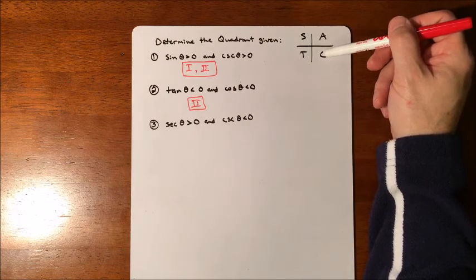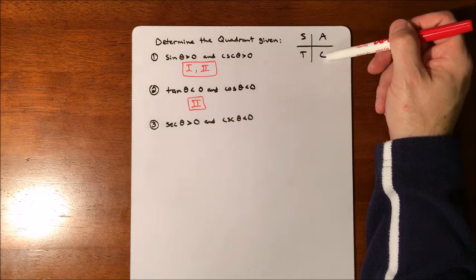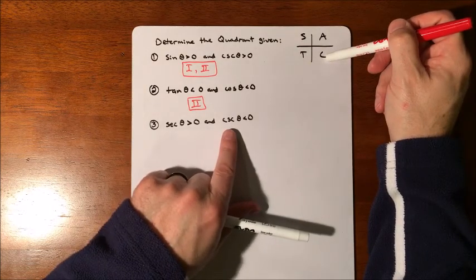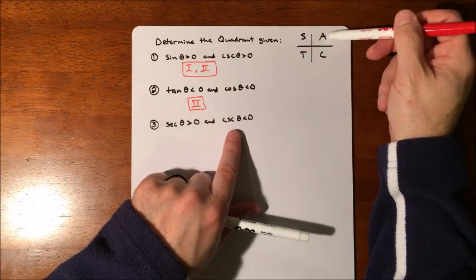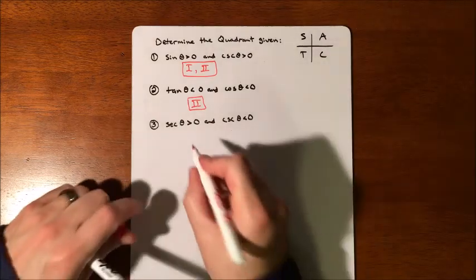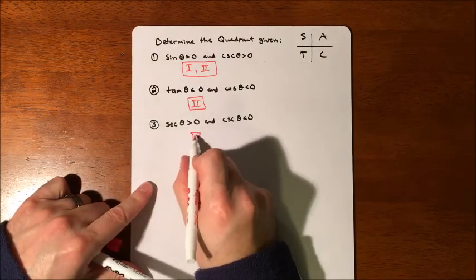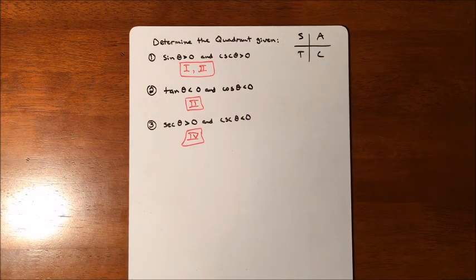So cosine being greater than 0 are going to be in these two. Cosine's positive in these two. And then cosecant, which is essentially sine. Sine is negative. Well, sine's positive in this one, negative in this one. So you're looking at the fourth quadrant. And that is your answer. All right, and that was involving signs of your trig functions.